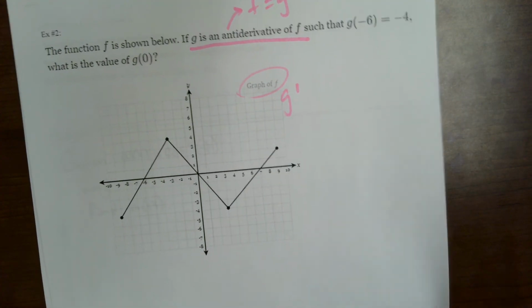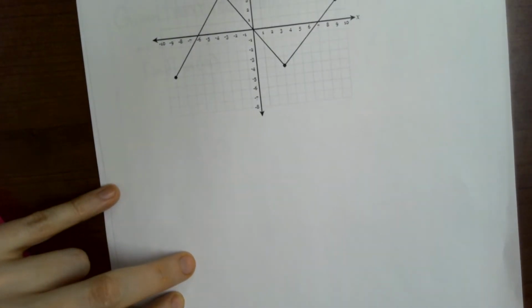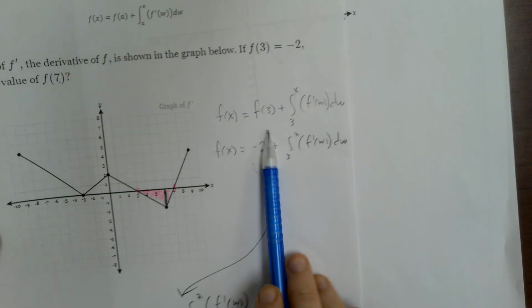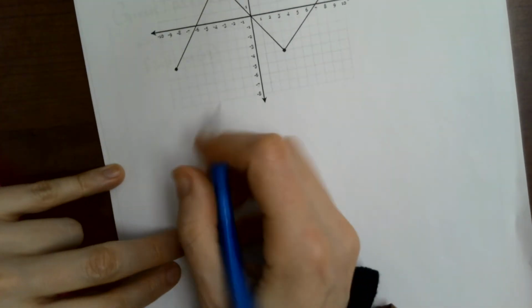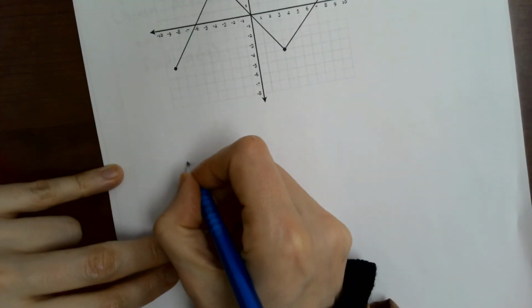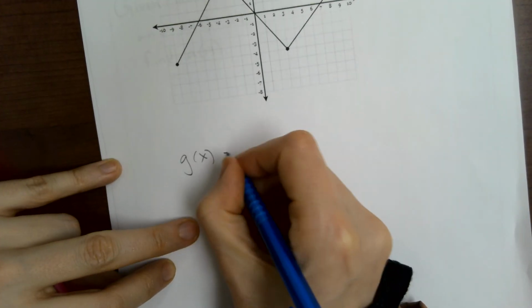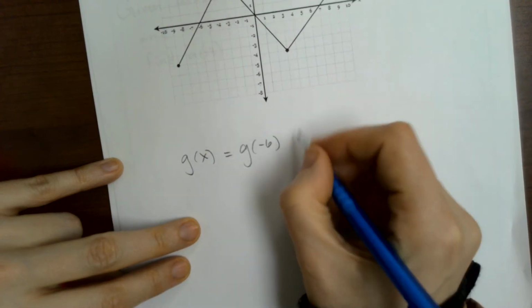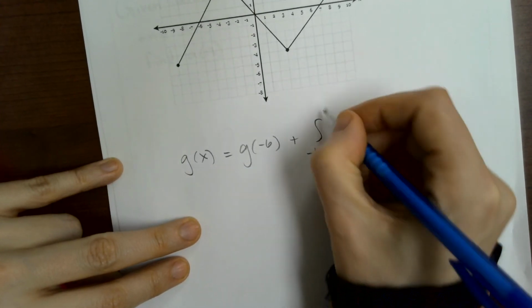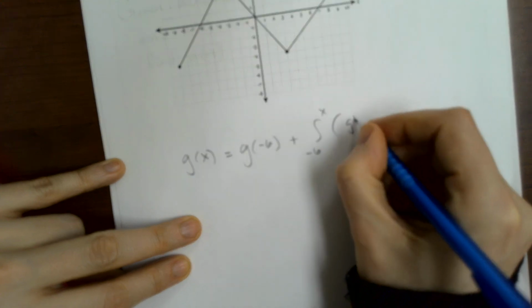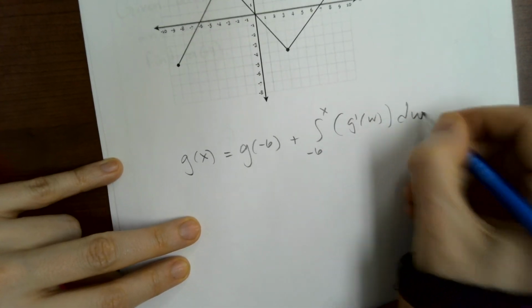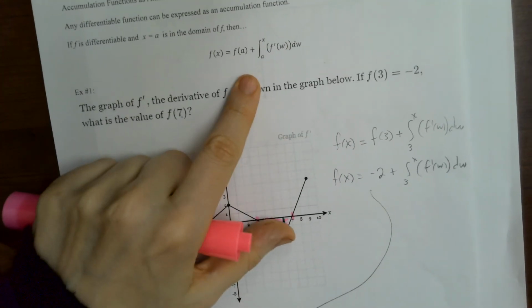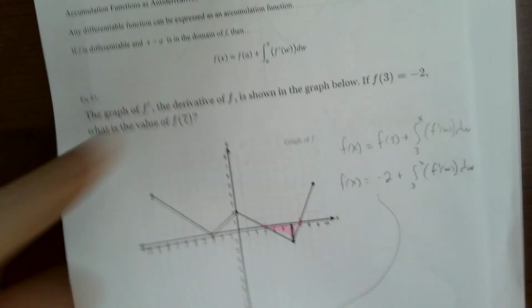So I'll go down here. So I'll use this formula, and I'll do it a little bit faster, I guess. Well, no, let me take my time. Okay, so g of x is equal to g of -6 plus the integral from -6 to x, g prime of w dw. Okay, that's the formula from the beginning. I'm just using g instead of f.